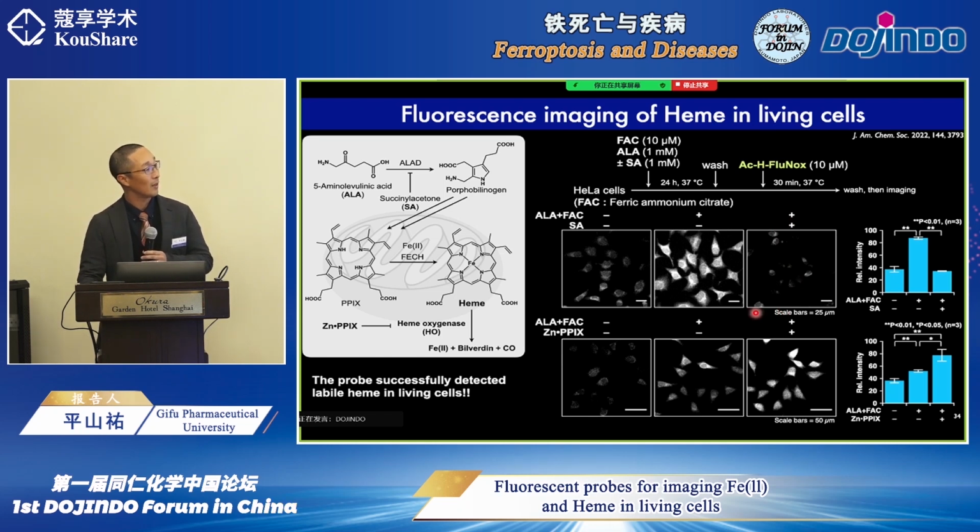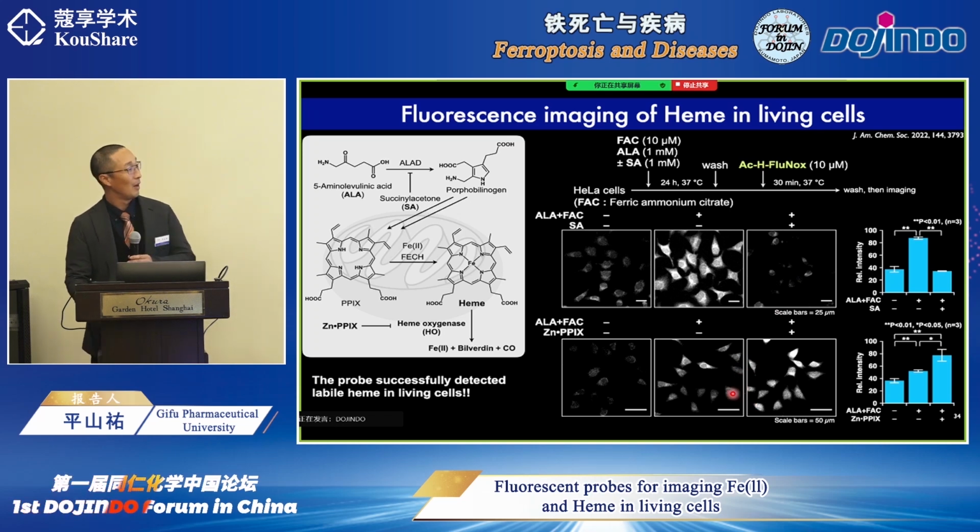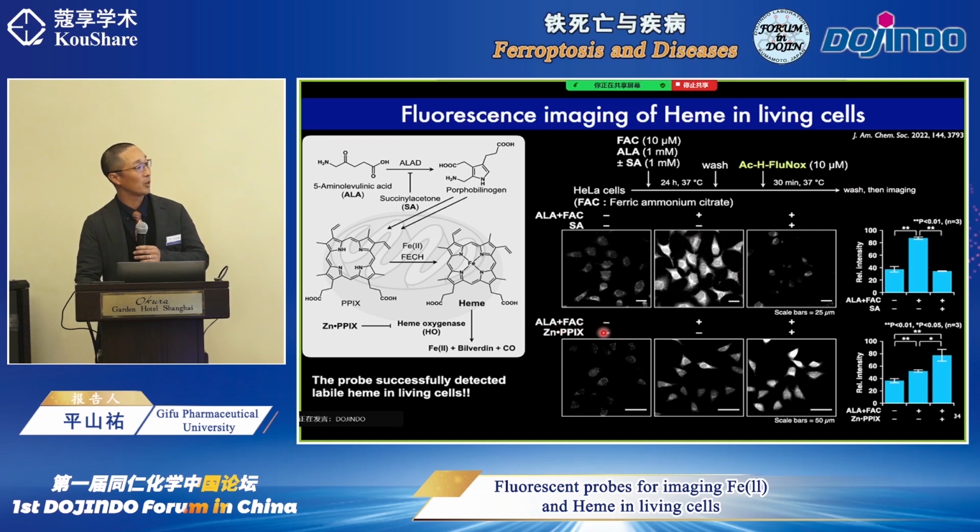And we further applied the monitoring of labile heme level by using zinc protoporphyrin 9, which is an inhibitor of heme oxygenase. Heme oxygenase is an enzyme of heme degradation. And we observed higher fluorescence signal than in the only aminolevulinic acid treated cells, and we conclude that our fluorescence probe can detect labile heme selectively in living cells.